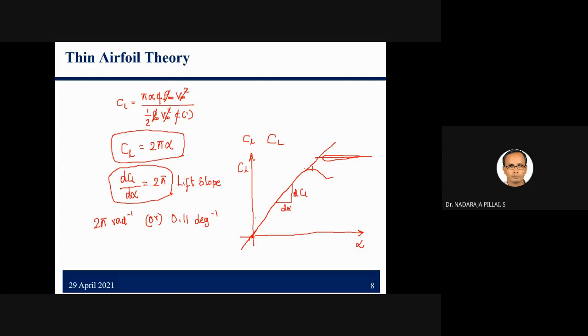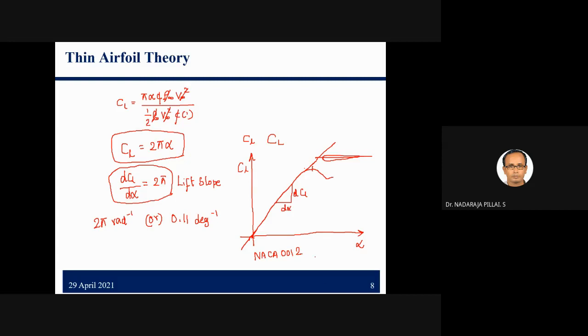And this is valid for a symmetrical airfoil, and before stalling. John D. Anderson has compared this with the NACA 0012 airfoil, so we can have a look into that.